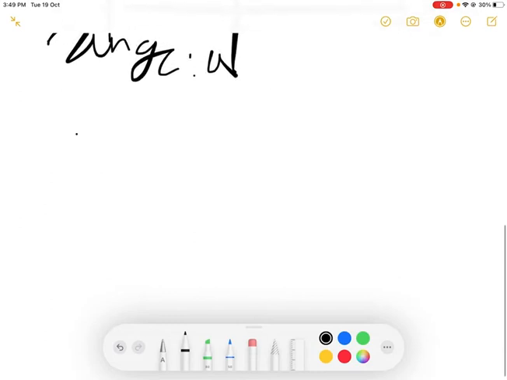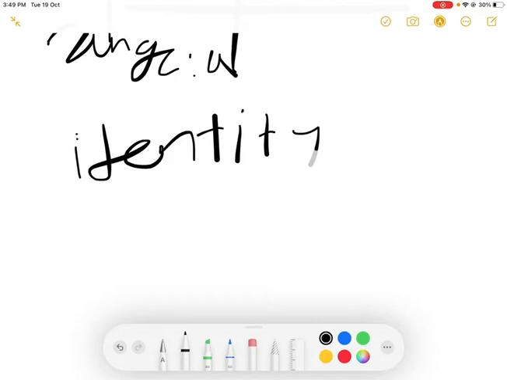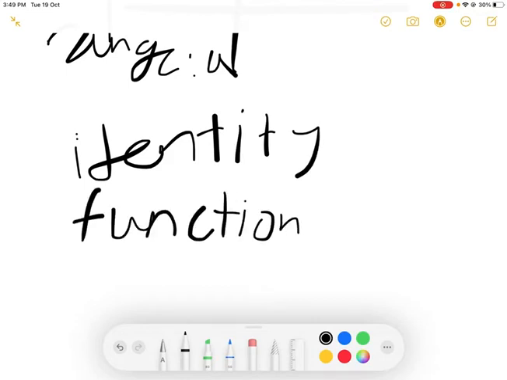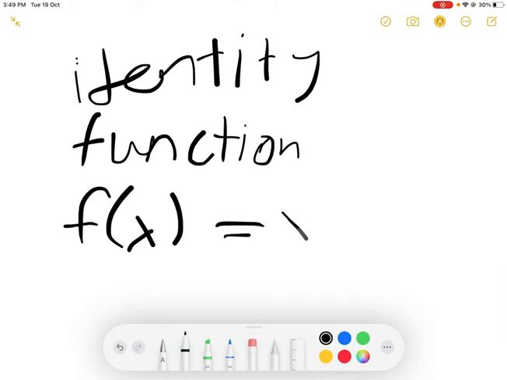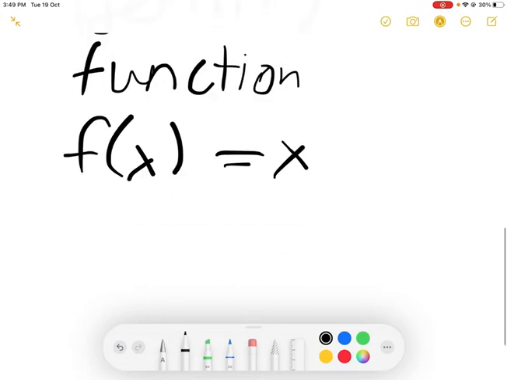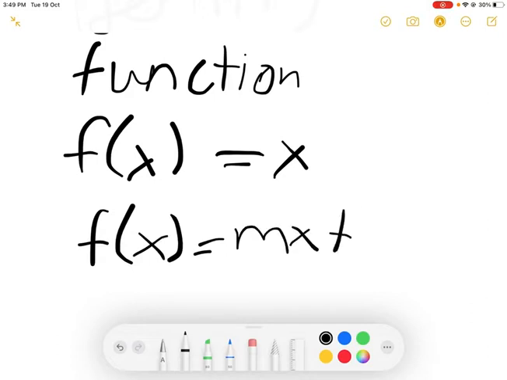Now to the identity function, which is the parent of almost all linear functions. It's written in this way: f of x is equal to x. And mainly this is the parent function of f of x equals mx plus b.